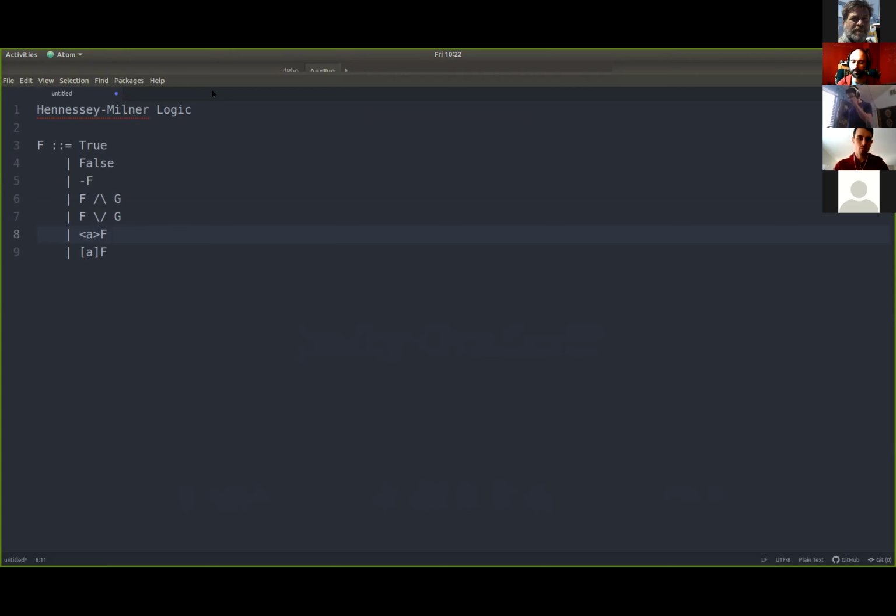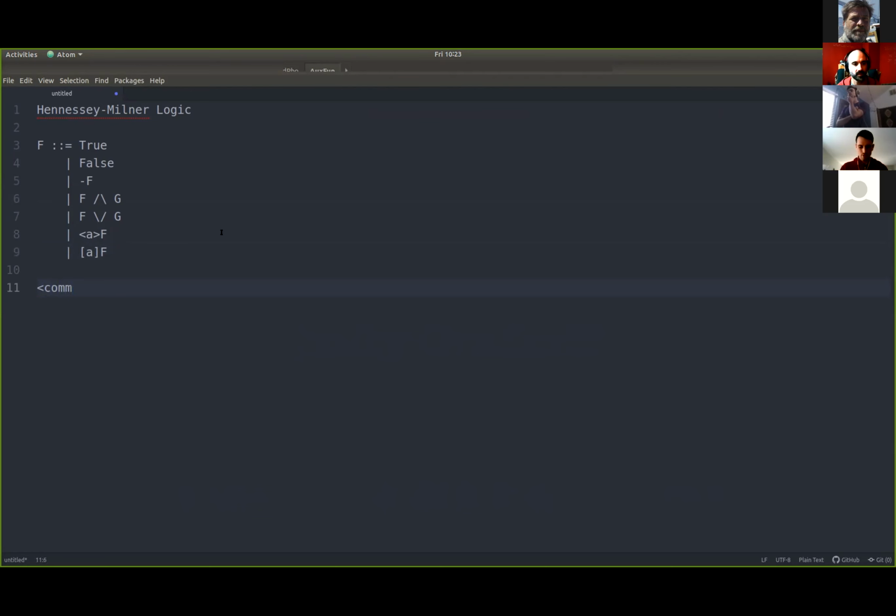So this can be: if it doesn't make a COMM event, then do something, right? Not only to make a COMM event. Yes. So if we're asking diamond COMM F about some state, if that state doesn't reduce at all, then there must exist a COMM event, and if there doesn't, then right away that formula is not satisfied.